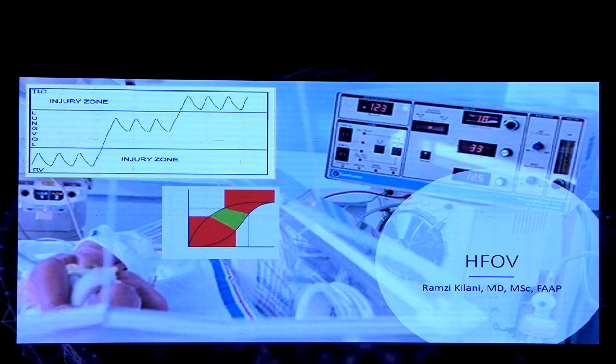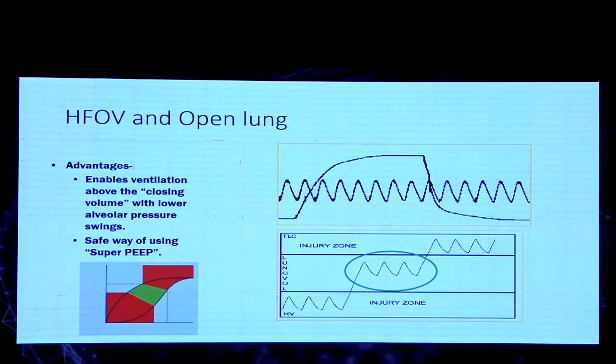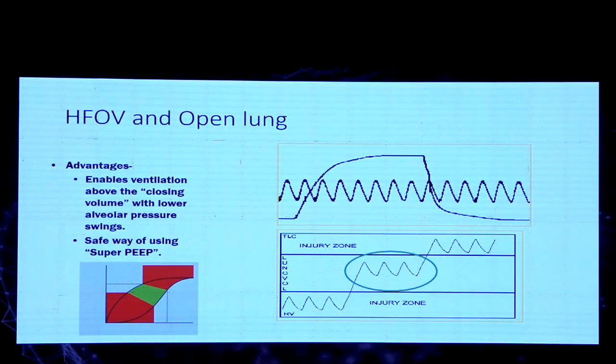So the aim when we're using high frequency oscillatory ventilation is to ventilate the baby with mean airway pressures in the green zone here, to recruit as much lung as possible, to avoid recruitment, de-recruitment injury and atelectrauma, but also to avoid reaching overdistension, or ventilating the baby at the total lung capacity in this injury zone. So we try to ventilate in this area.